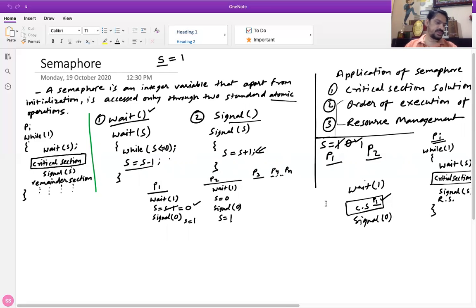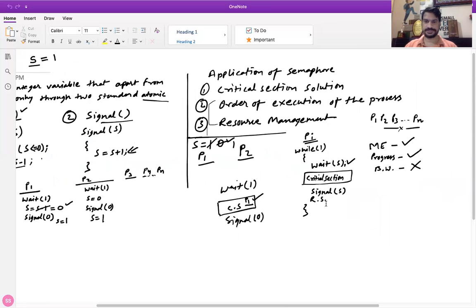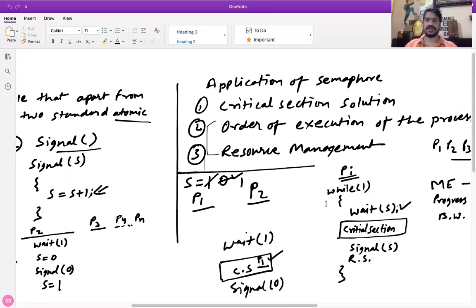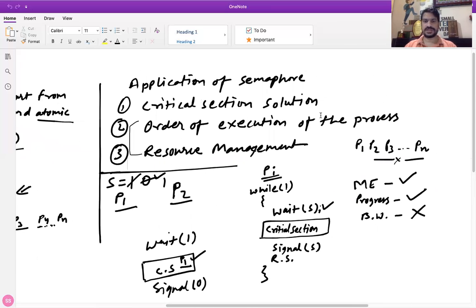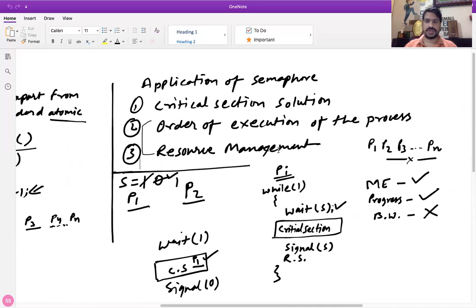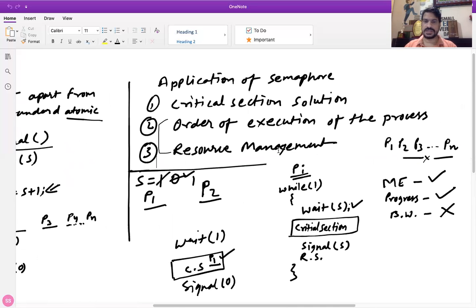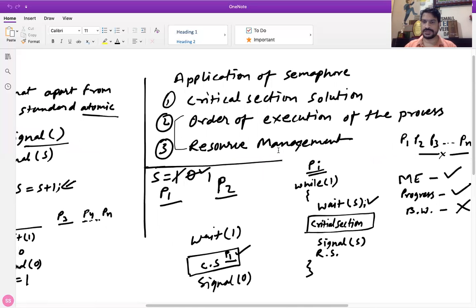Also we have seen some applications of it, and I have listed here that a semaphore can solve the critical section problem, or it can order the execution of processes, or it is useful for resource management, right? Before going to the rest of the two questions, let's see some more questions related to critical section.